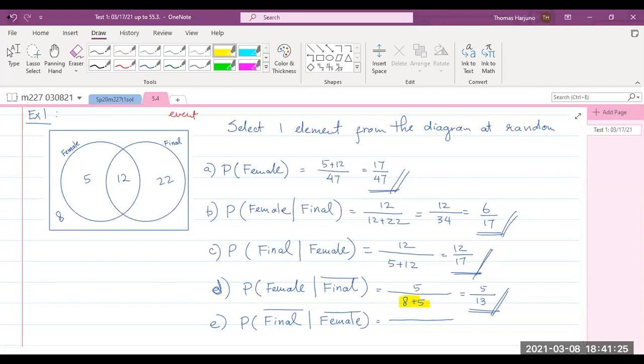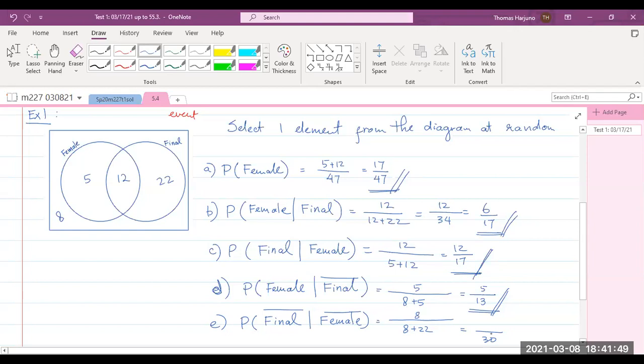Now let's go on with the last question here. How many not female? 8 plus 22, there are 30 not female. Of these 30 not female, how many of them not taking final?